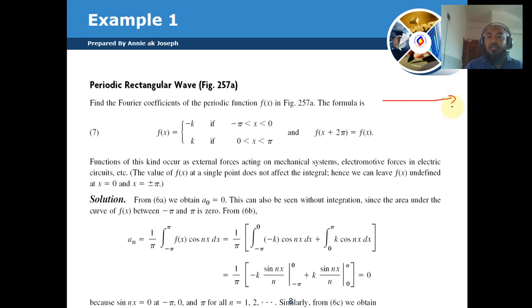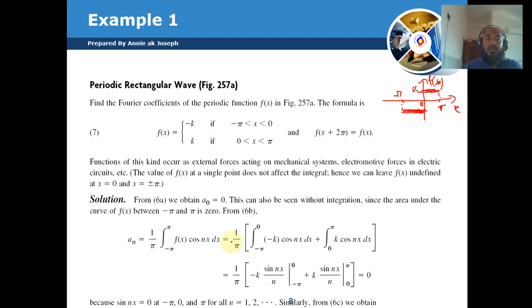This is x, this is f(x), we have k and minus k, and then from minus pi to pi the function is here, and from 0 to pi we got this one.